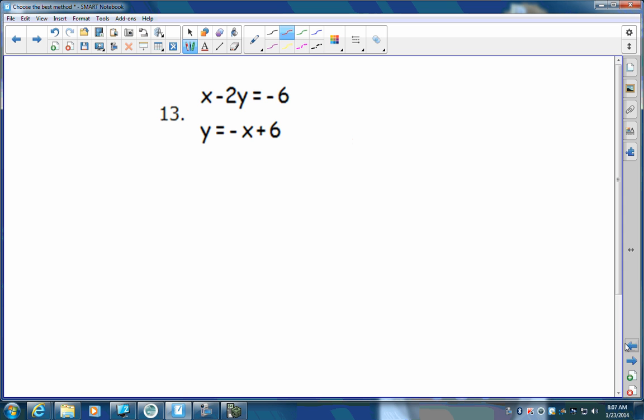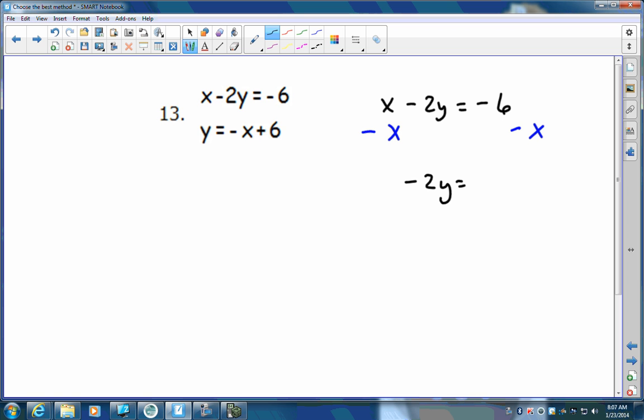Number 13. How is that set up? For substitution. If you wanted to solve for y right here, let's do it this way. Let me work on solving for y and show you something. X minus 2y equals negative 6. Let's subtract x from each side.